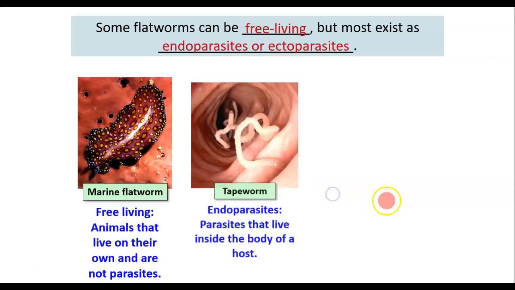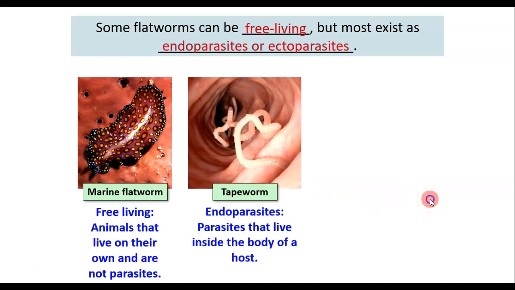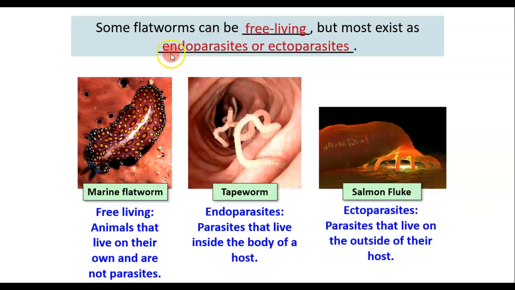And we were talking about parasites a little bit in class yesterday. And so endo, remember that prefix endo always means inside. So an endoparasite is a parasite that lives on the inside of a body, like this tapeworm. Ecto means outside, so an ectoparasite lives on the outside of the body, like this salmon fluke or like a leech.